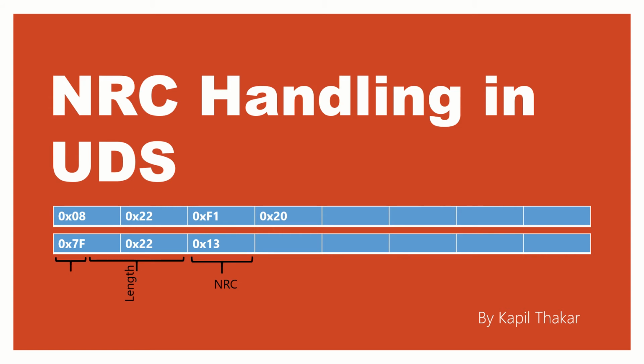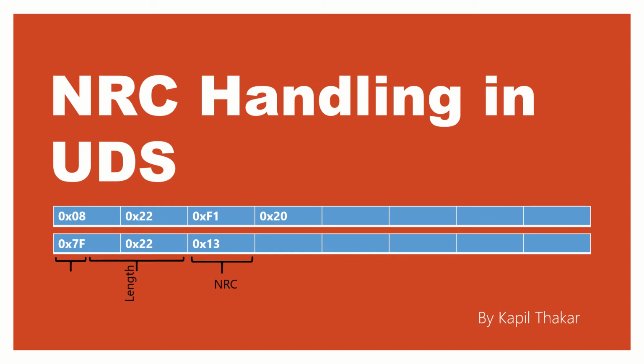Okay, so let's begin with what exactly the negative response code is. NRC is the short term for negative response code, and it will be sent whenever there is a request from a tester which is either not implemented or has some problem, and for that request we will send a negative response code.